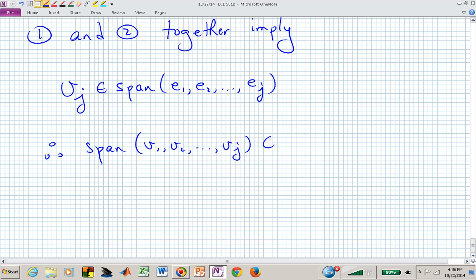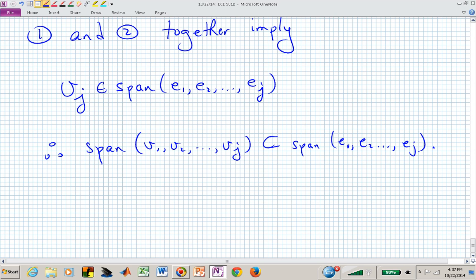Which now says that that span is contained in the span of E1, E2 up to E sub j. And both of those lists are linearly independent. Both lists have the same number of vectors in them, and so those subspaces are actually the same.